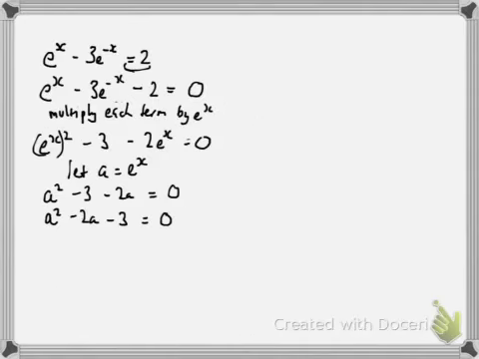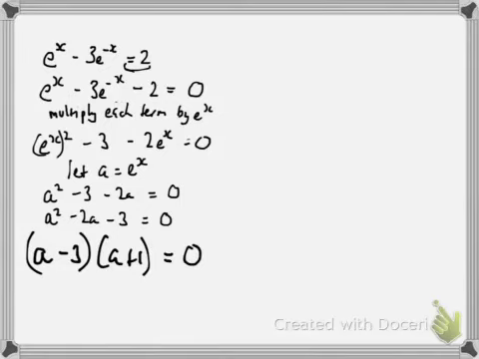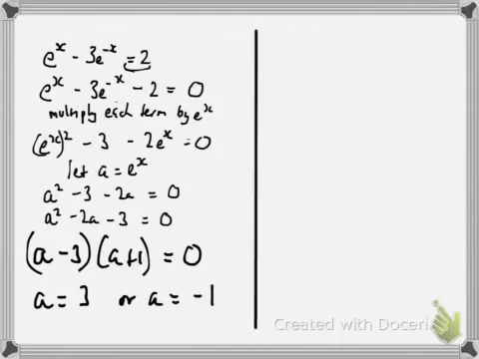Alright, now we need to factorise this. So we get a minus 3, a plus 1 equals 0. So therefore we get a equals 3, or a equals negative 1. Alright, so it's time now to substitute back in for a.